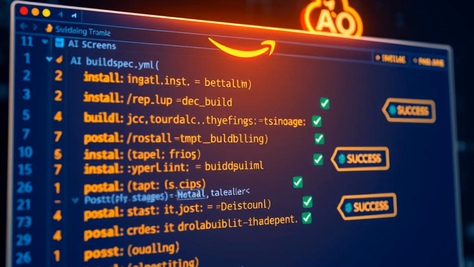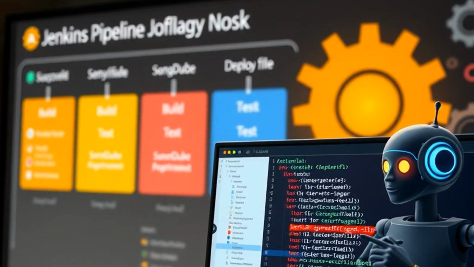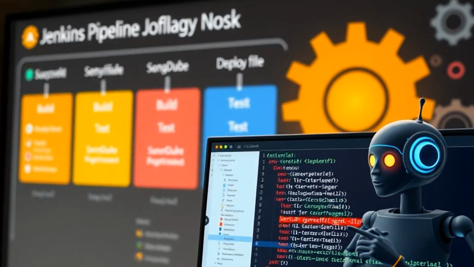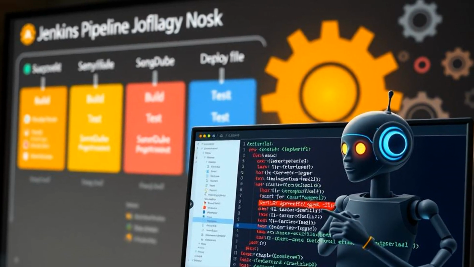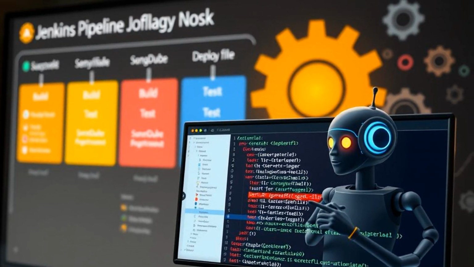The assistant can then automatically generate comprehensive unit tests, including test method stubs, assertions, and even specific scenarios like boundary conditions, like 0 and 1 for factorial, and negative inputs, like a negative number for factorial, expecting an illegal argument exception.